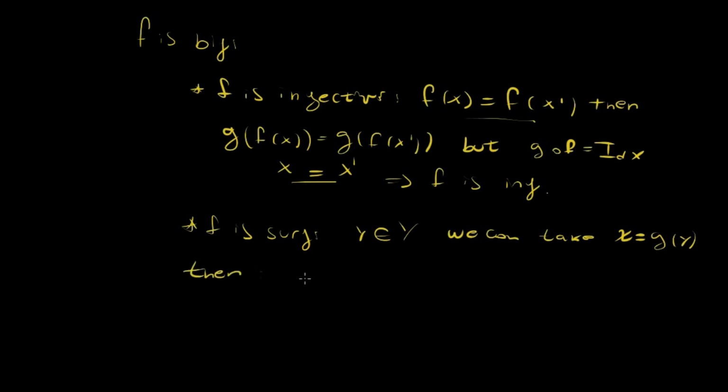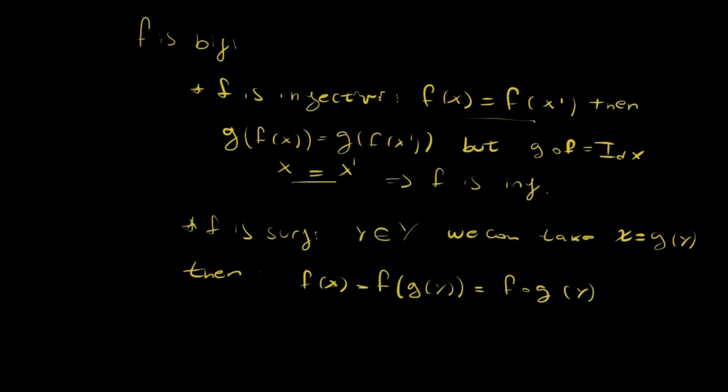Then we can have f of x, because g is a function that goes from Y to X. So x is an element of X. And so I can apply f to it and say f of x equals f of g of y. And this, by definition of composition, is f composed with g in y.